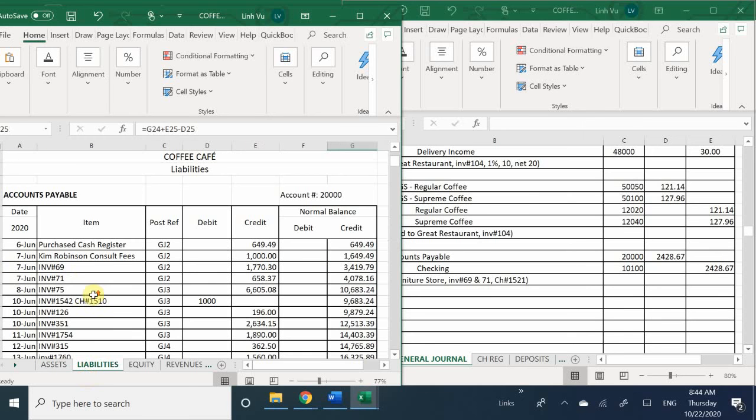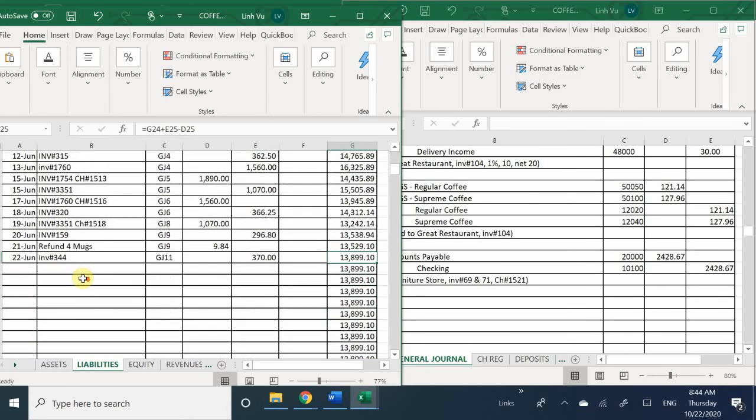Accounts payable, under liabilities. That's why. Okay. So under accounts payable, we can put the dates. Invoice 69 and 71.